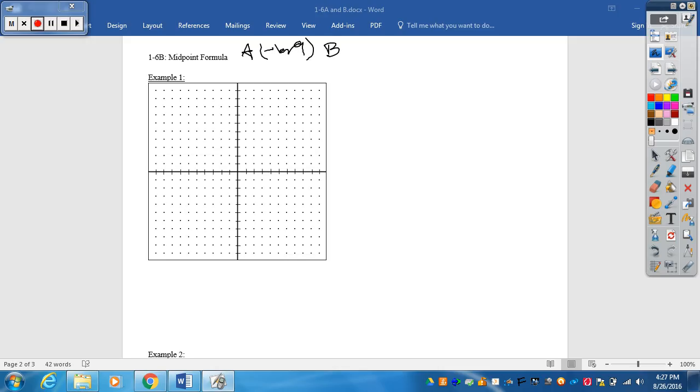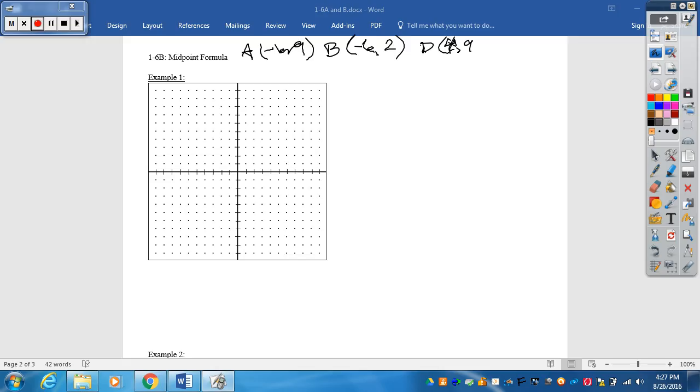B, which is going to be at negative 6, 2. And I made it D, you'll see why in a second. D is going to be at 4, 9. So go ahead and graph those 3 points for me, and then we're going to talk about how to find the midpoint between all 3 of those segments.